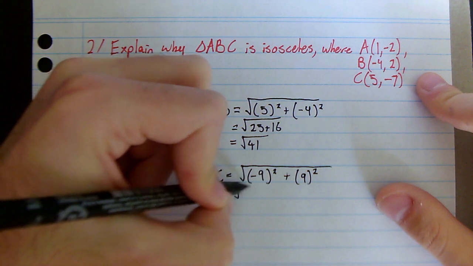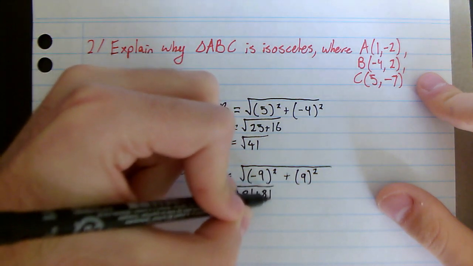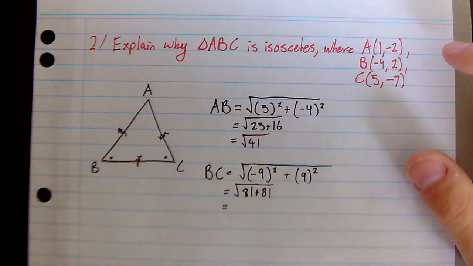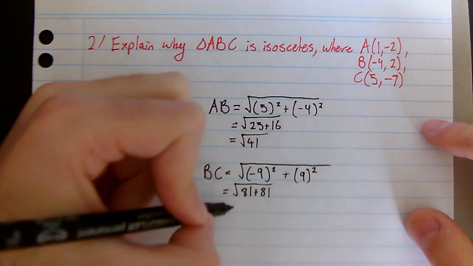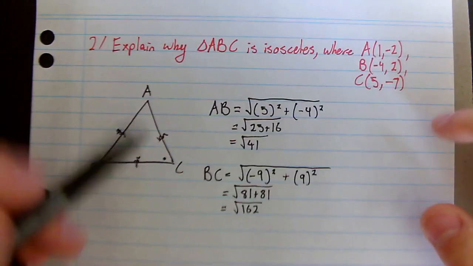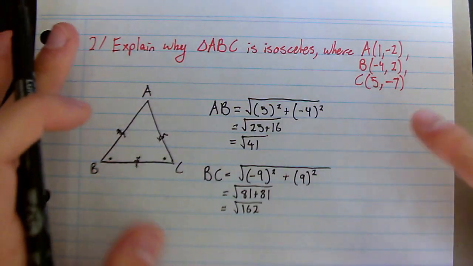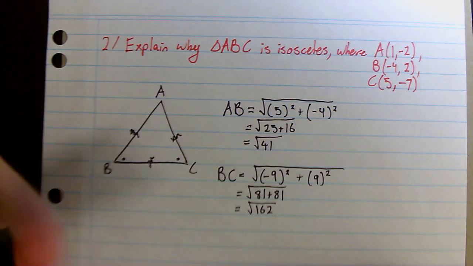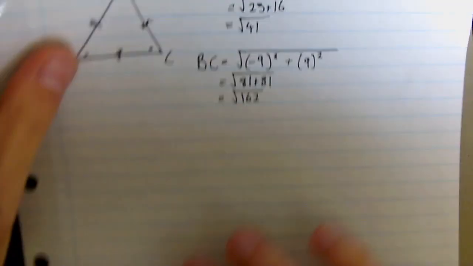That's equal to the square root of 81 plus 81, which is the square root of 162, which is not the square root of 41. That doesn't make too much of a difference because we've got one more side that we need to test. This just indicates to us that it's not going to be an equilateral triangle.